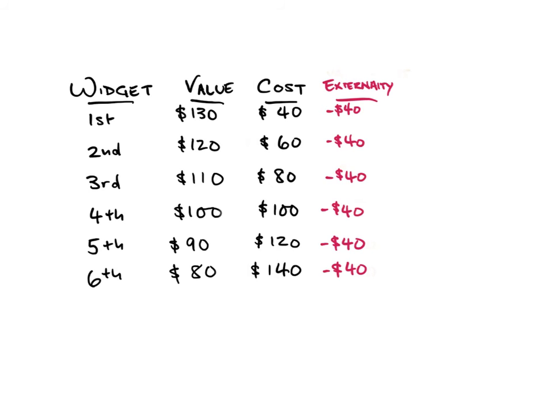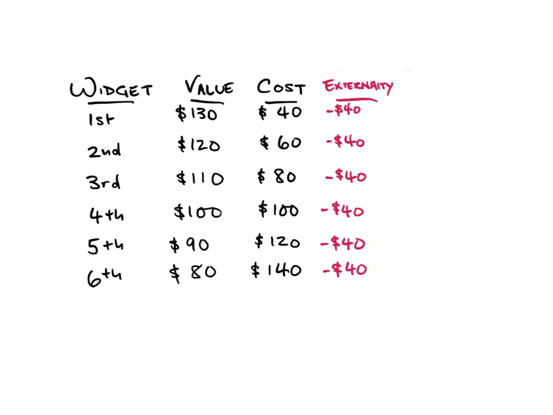Every time a widget gets produced, it causes $40 of damage to the environment. So again, this is the same table that I had before for widgets: the value, the cost, and then the external damage or the negative externality.